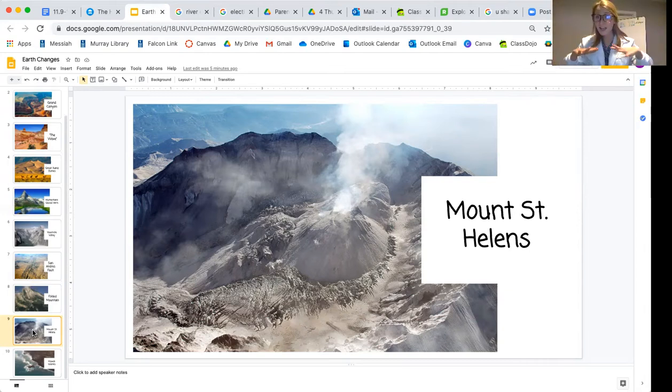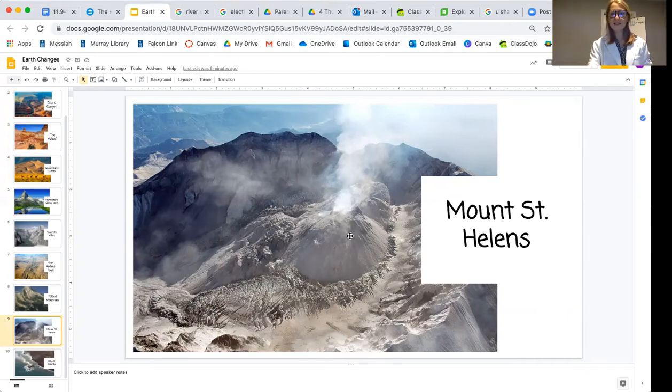That lava comes from the liquid layer. So sometimes when the plates are shifting, just like there is when there's an earthquake, a volcano could form. They make a cone shape where there's access to that liquid molten layer. Here is a picture of Mount St. Helens. This is a famous volcano.